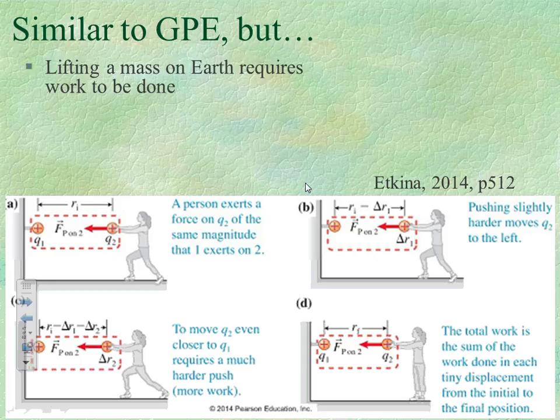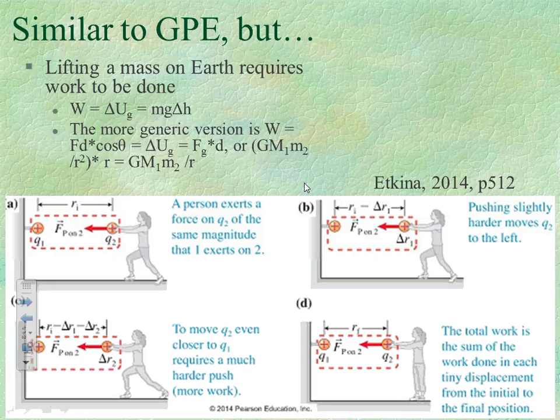Similar to gravitational potential energy, it's a form of energy, so it's in joules. But with gravitational potential energy, we're always talking about lifting an object upwards, or pushing it downwards, I suppose. We lift an object of a certain mass up a certain height in a certain gravitational field. We get mg delta h.